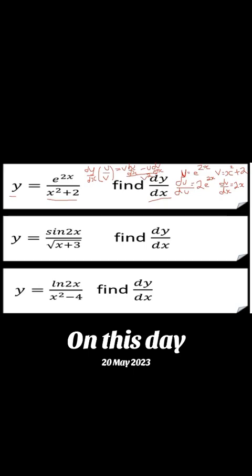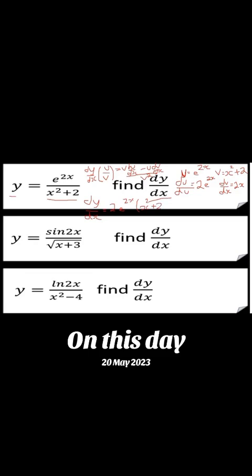So using this formula, dy by dx, taking our time here and being very careful, and again, sorry about switching my work. So v du dx should be 2e to the 2x, and then in brackets x squared plus 2.